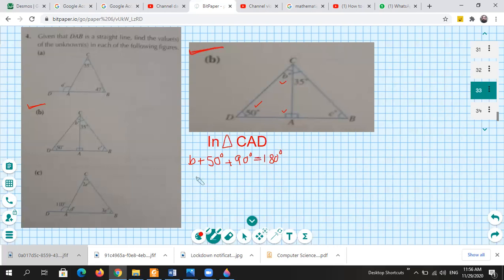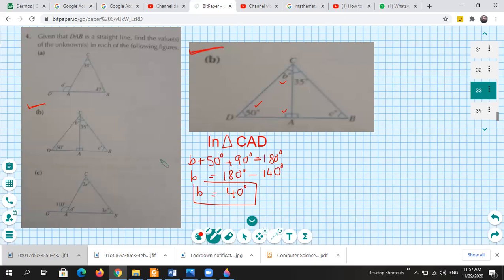So B as it is, whereas 50 plus 90 gives you 140. And if I shift 140 towards the right-hand side, this will become B equals 180 degrees minus 140. So finally we get B equal to 40 degrees.